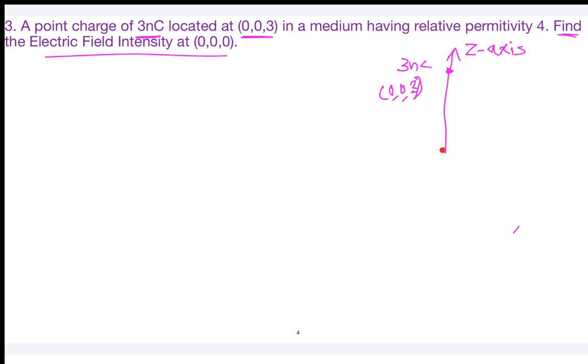In the case of electric field intensity direction, can you tell me what is the direction, anybody? Minus 3 az cap. Minus az cap. Why? Because the source is positive, the given 3 nanocoulombs is positive. If the charge is positive, the simple shortcut I told you is that the electric field intensity is from source to observer.